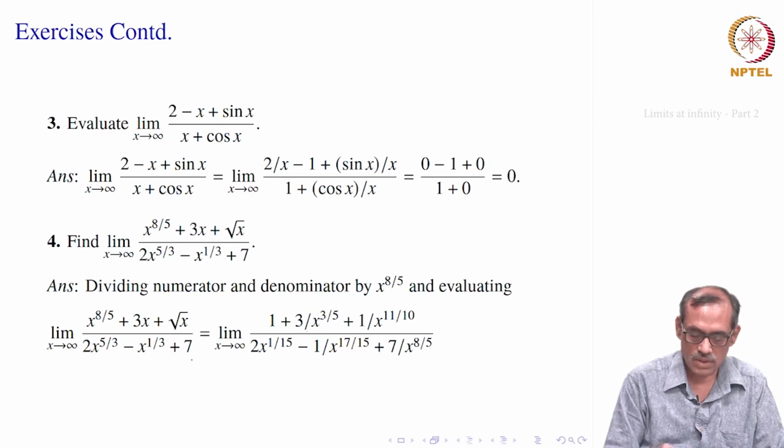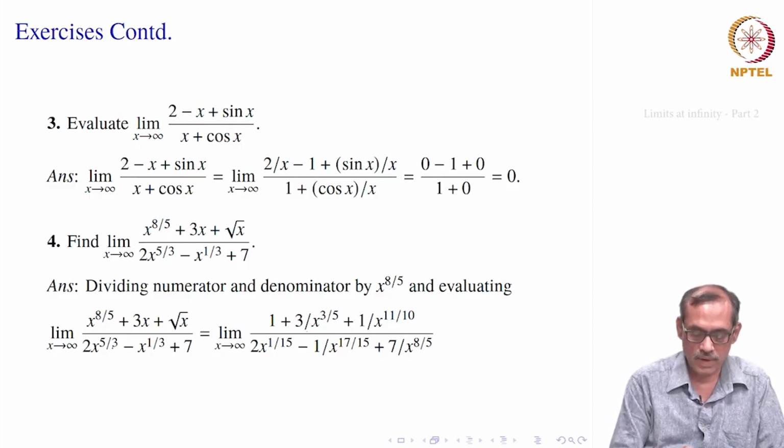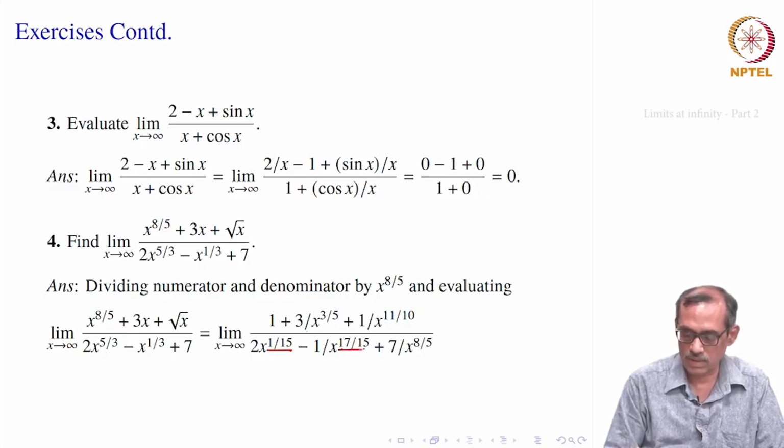Next one, 5 by 3 is bigger. So, 5 by 3 minus 8 by 5, this is 1 by 15. And this is 1 by 3 minus 8 by 5, that would give minus 17 by 15. And this is of course 7 divided by x to the power 8 by 5.